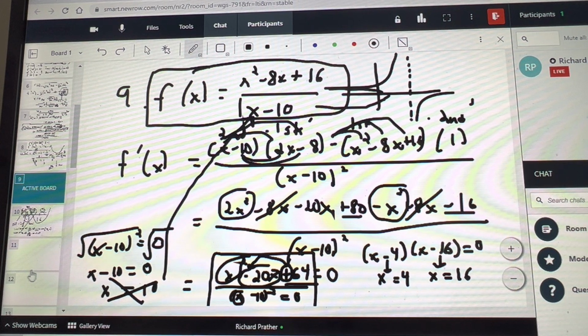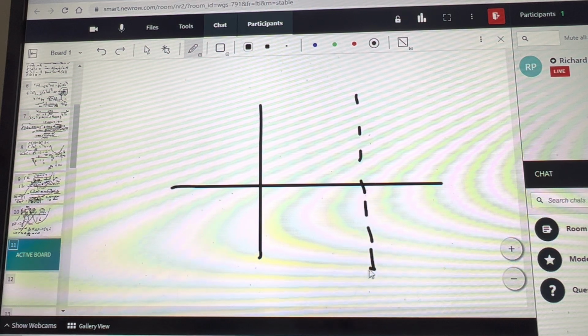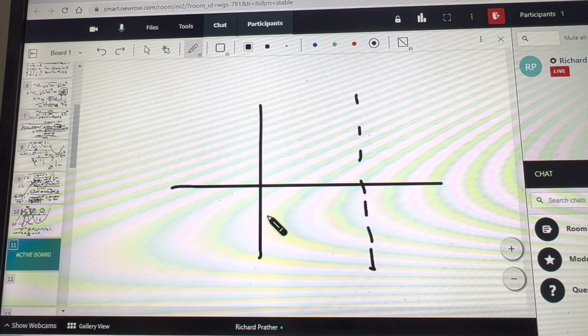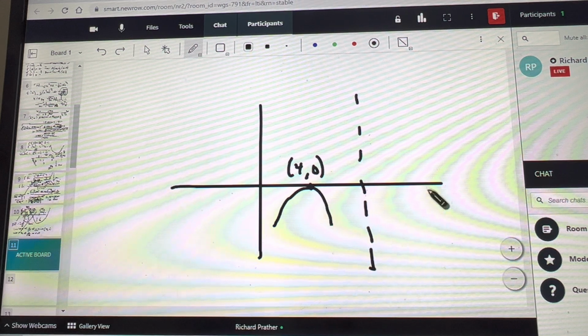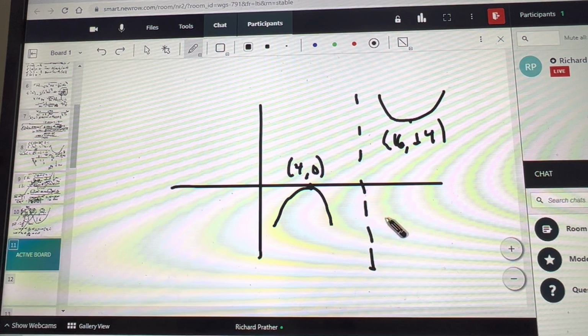But in a rational function, because of the asymptote, you can have a relative maximum in some fashion like so, right at 4, 0, and the graph completely starts over on this side. So there can be a minimum here at 16, 24 just because they're separate graphs. In a polynomial, that would never happen.